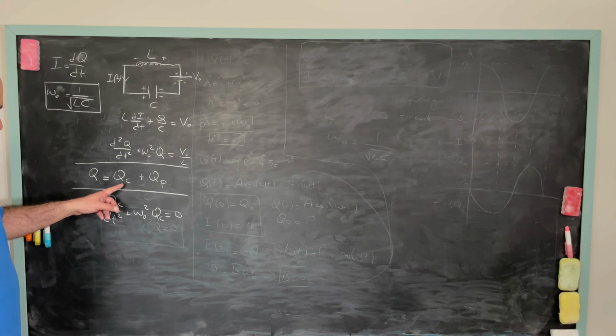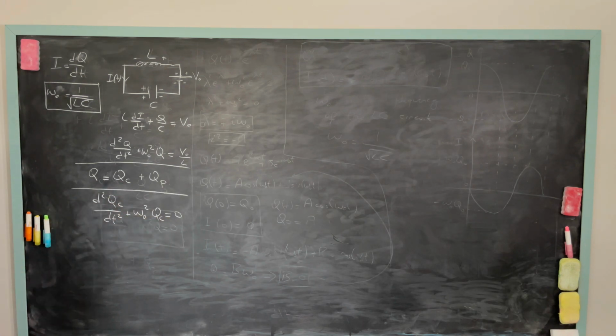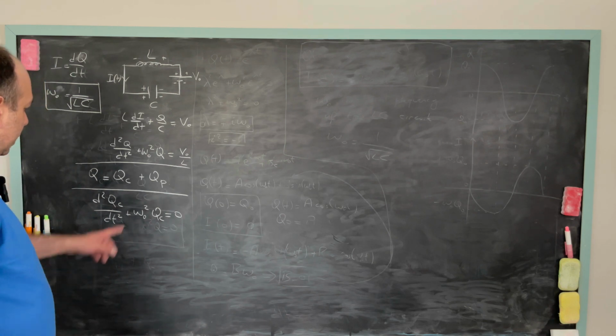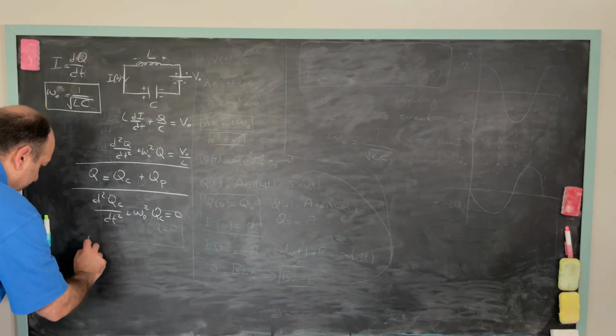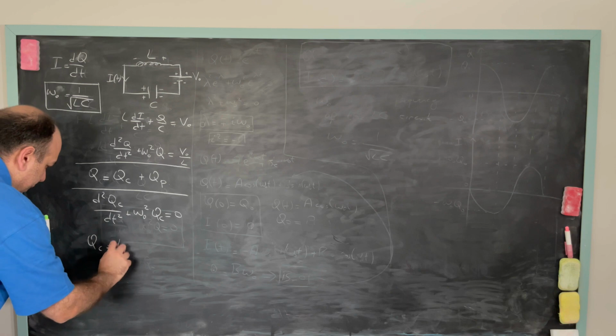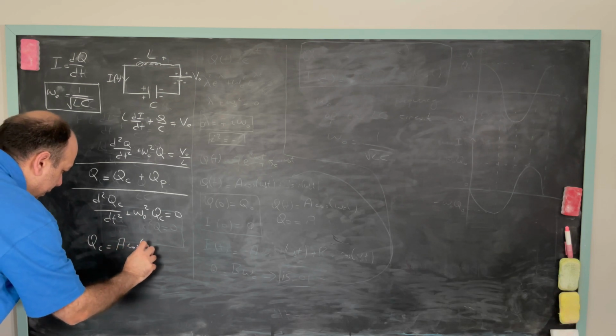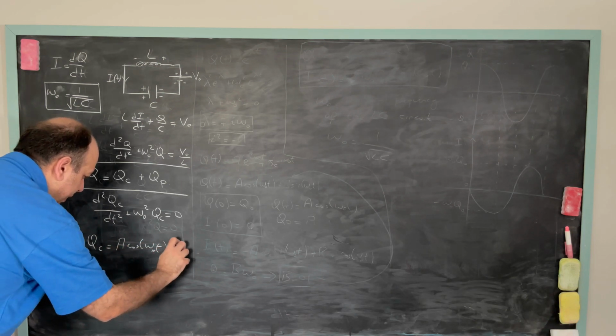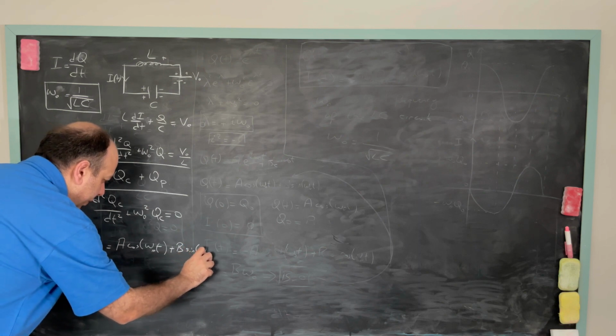So Q sub C is the solution to this equation, which we already solved in the last board. So we can simply write Q sub C as A cosine omega naught t plus B sine omega naught t.